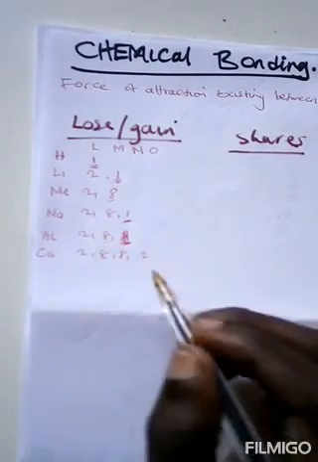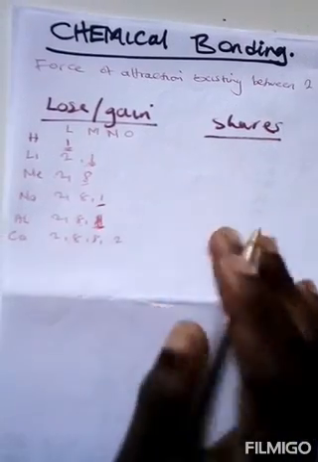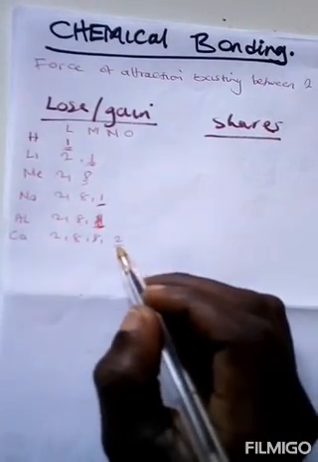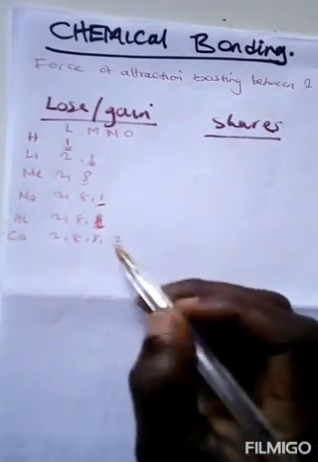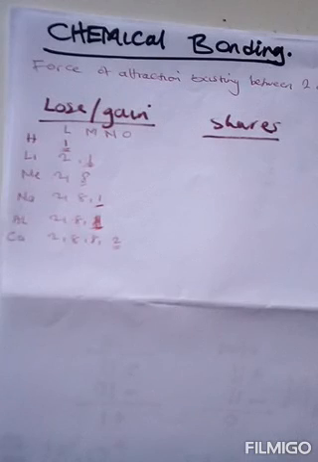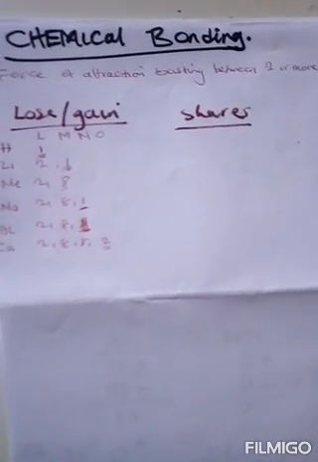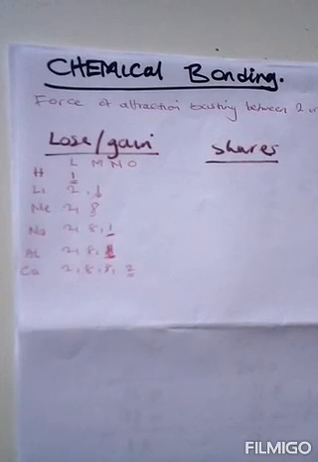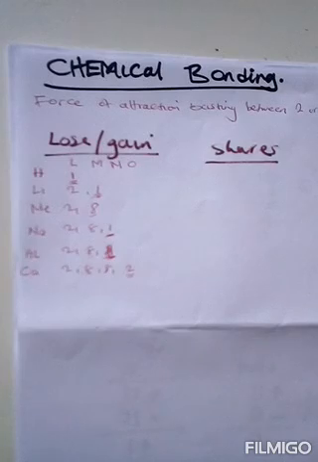Okay, so let's look at calcium. Calcium is number 20, 2, 8, 8, 2. It has 2 electrons in the last shell, so this can lose. So by now we have known that those elements with 1, 2, or 3 electrons in their outermost shells will lose.